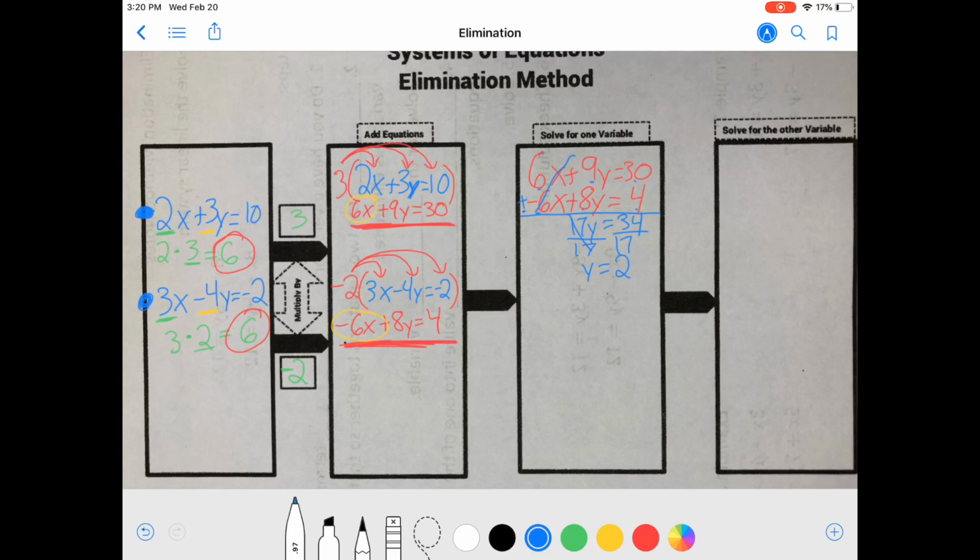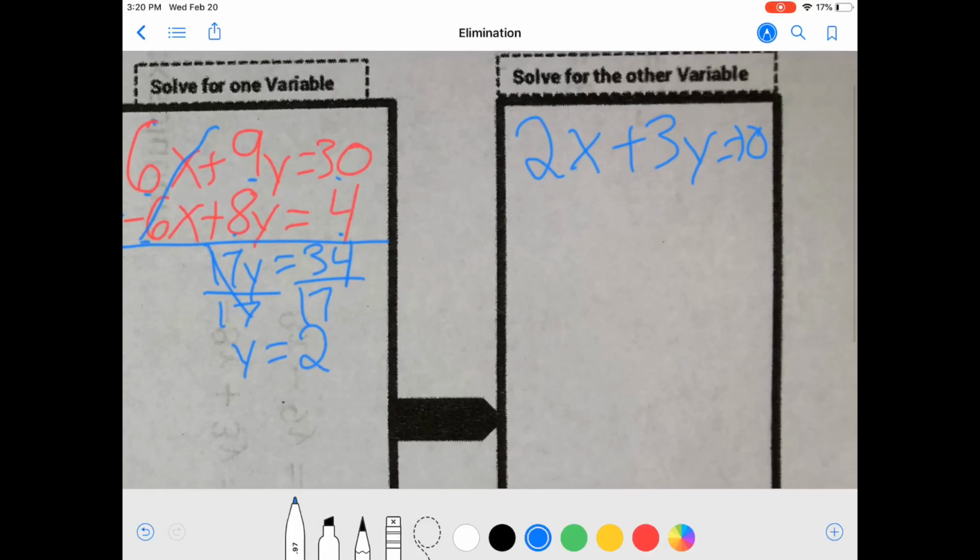Does not matter, whichever one. So I'm going to choose the first one, 2x plus 3y equals 10. And we're substituting in 2 for y. So 2x plus 3 instead of y, I've got 2 equals 10.